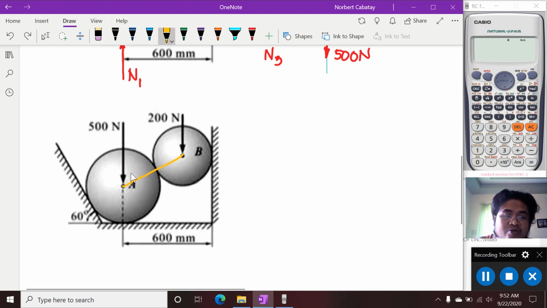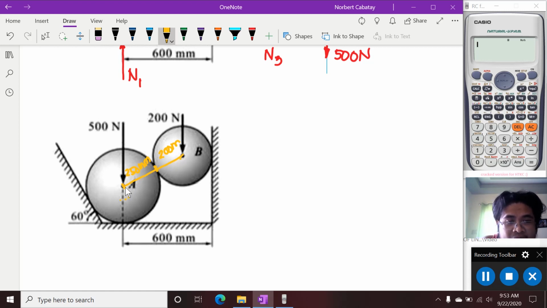So, mula dito sa A hanggang dito sa point of contact, ang radius ng A is 250 millimeters. Plus, ang radius ng B ay 200 millimeters. So, ang total niyan is 450.